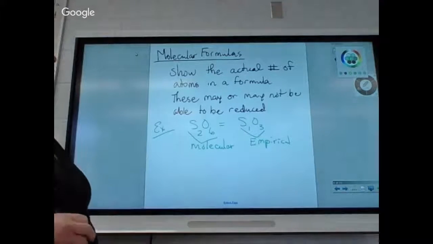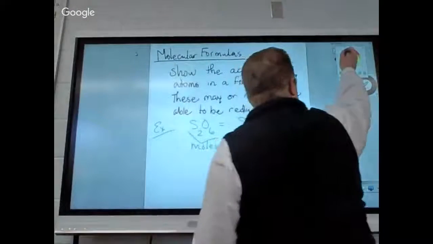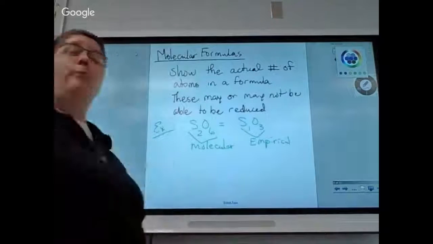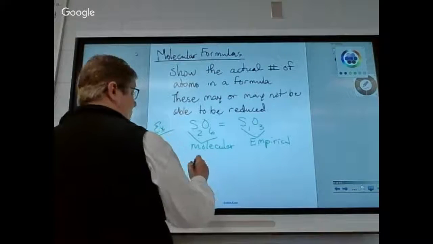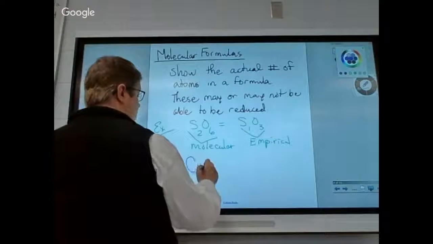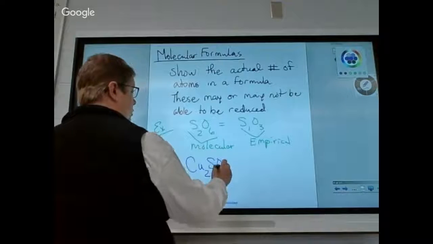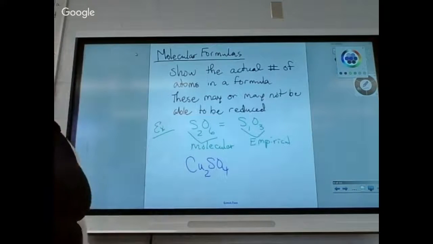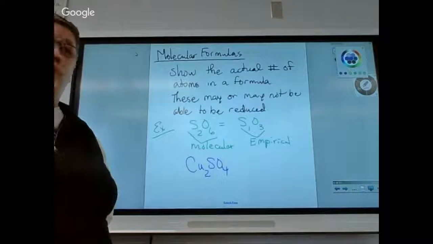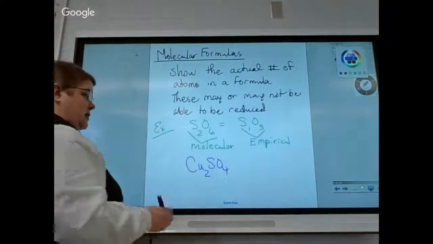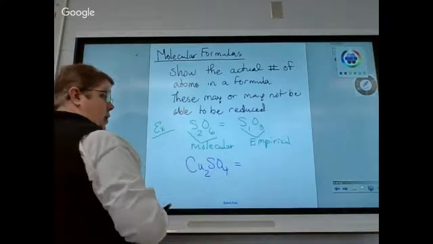These may or may not be able to be reduced. Now, that doesn't mean that they can all be reduced like that one. So suppose I have something like Cu2SO4 like we had a minute ago. Same question that Pyro answered a second ago. Can I reduce this one? The answer is no again, because this S has what subscript on it? A 1.